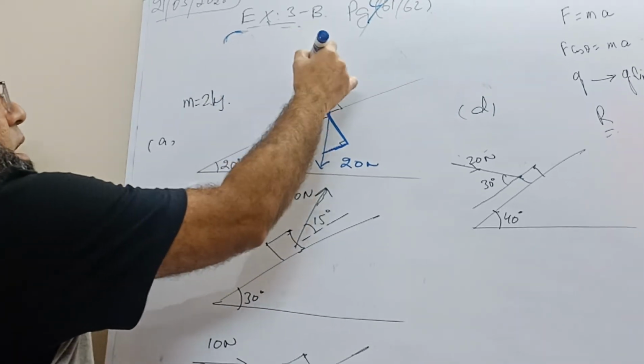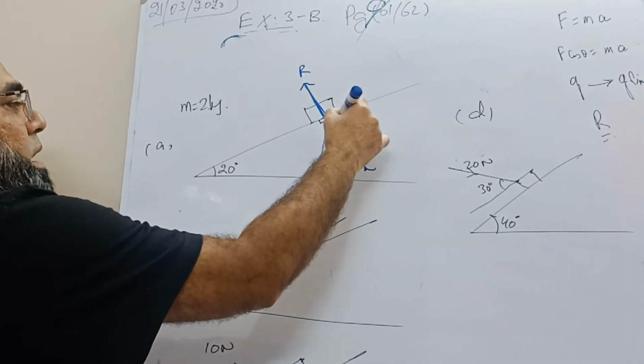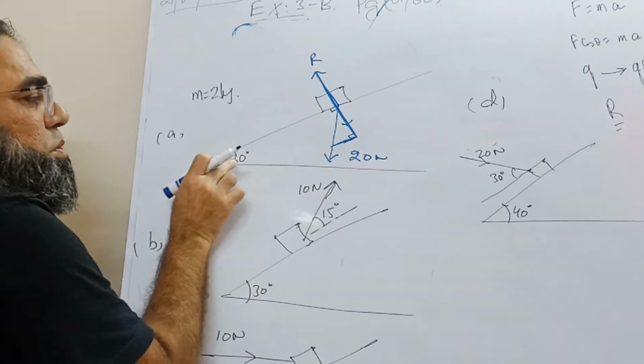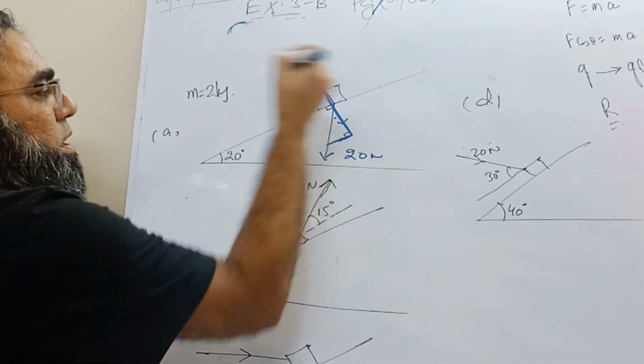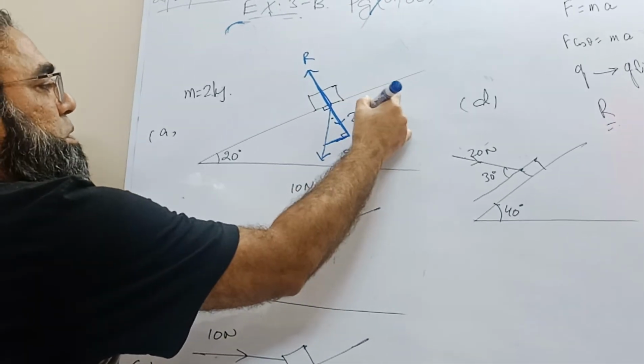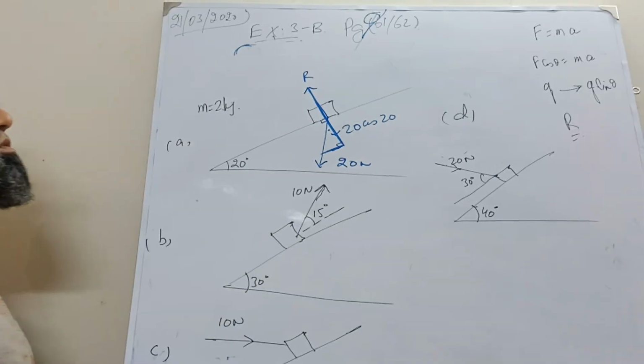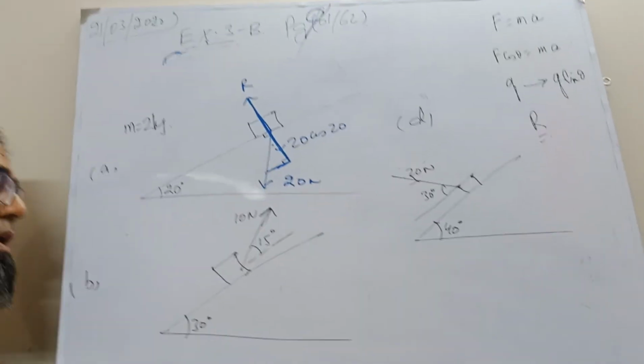Now this is your R, and you don't even need to mention this angle 20 degrees. This is understood now that this is 20, so this is going to be 20 cos 20. So this R in this case is going to be 20 cos 20, okay.